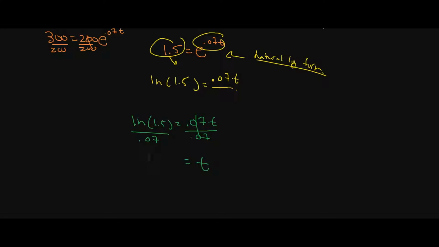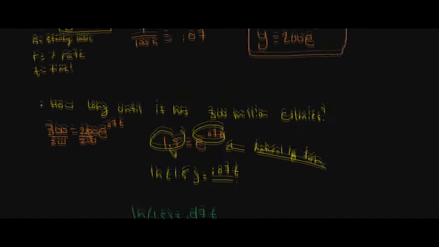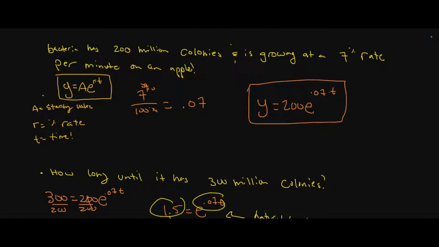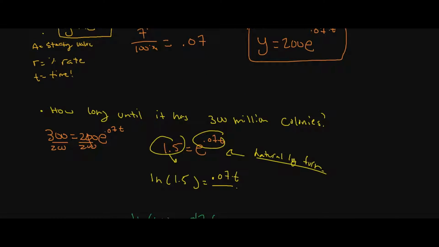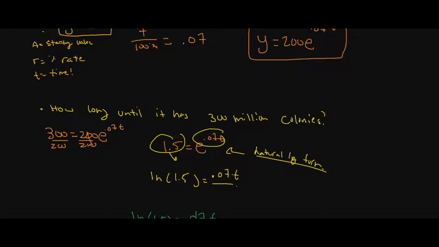That means in 5.9 minutes, we're going to grow from 200 million to 300 million colonies of bacteria on a rotten apple. All right, pretty crazy, pretty intense when you actually think about it for a second, that when you're dealing with bacteria, it grows tremendously fast.